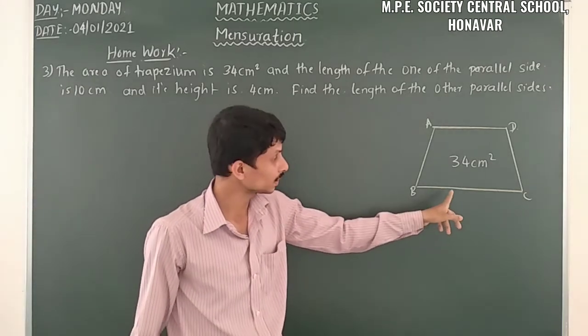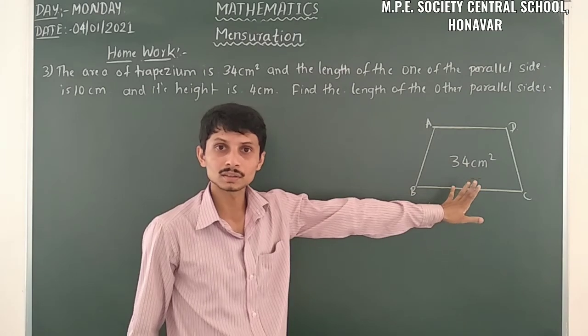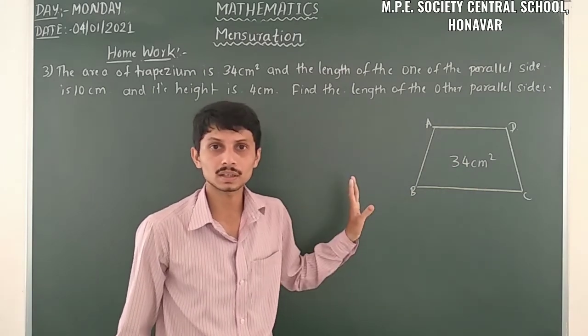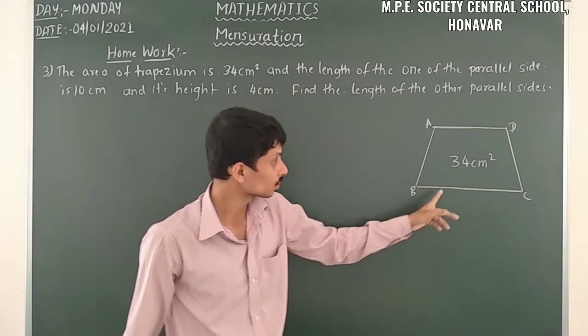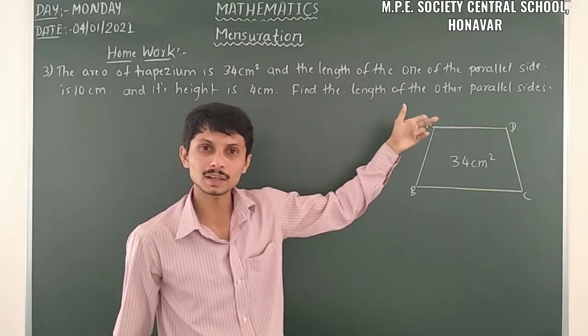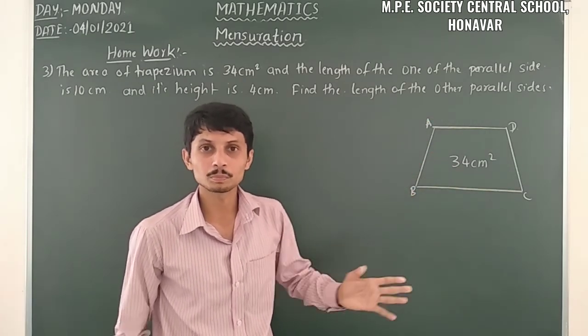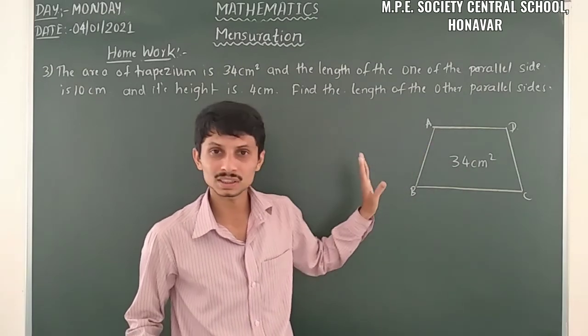We don't know whether it is bigger or smaller, so I don't draw the figure here. Consider any one of them. One of the parallel sides means let us take A or let us take B. No problem. The bigger one is A and the smaller one is B.